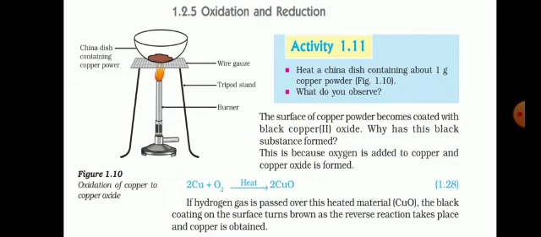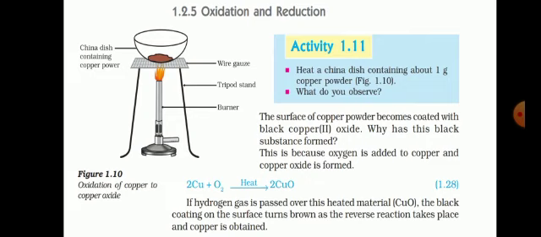Let us see what we should do to perform this activity. The step involved is just one step: in a china dish you have to add 1 gram of copper powder and heat it with the help of the burner. What do you observe after heating the china dish which contains your copper powder?